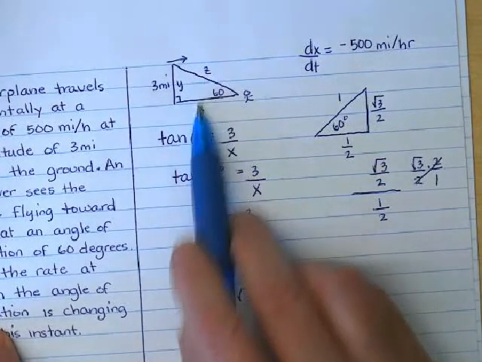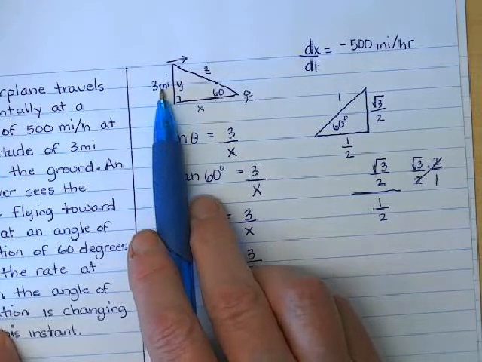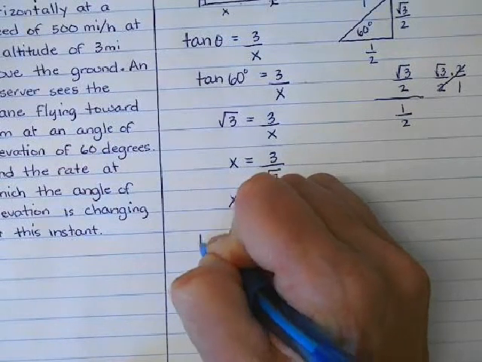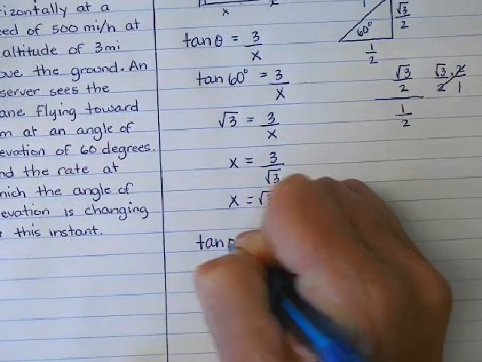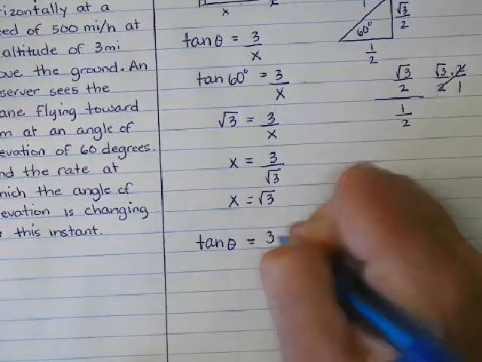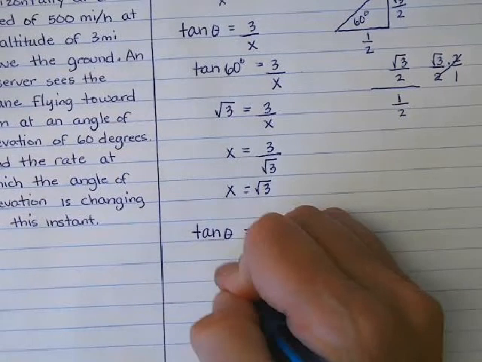These are constantly changing, so those are variables, but that is a constant. So I'm going to say that my tangent of theta is y over x. We know that y is always 3, no matter what.